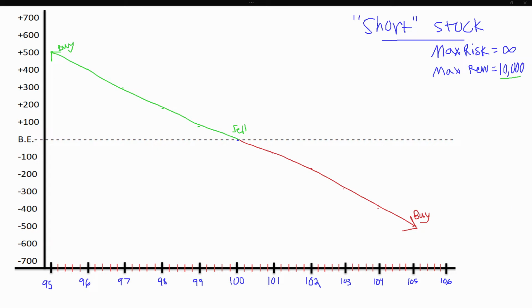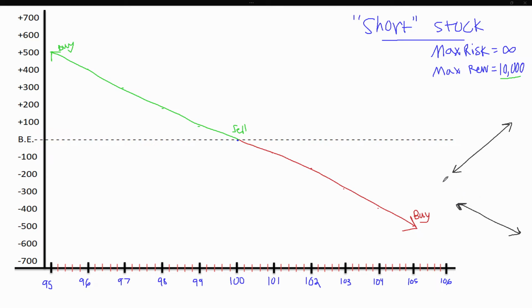So you'll notice the long stock risk graph and short stock risk graph are literally the exact opposites, right? The long stock risk graph would be a line that just goes infinite that way. And guess what? The short stock risk graph would have risk of infinite amounts that way, and reward of limited amounts this way.